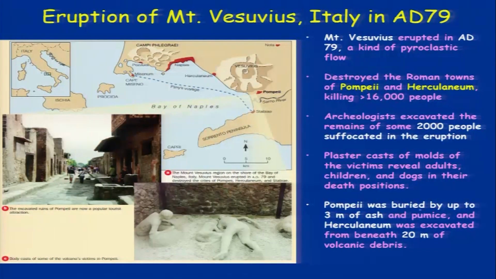Pompeii was buried by up to 3 meters of ash. And 3 meters of ash is more than enough to cover the complete city and keep it hidden from people, until it was later excavated, and they came to know in about 1500 AD.